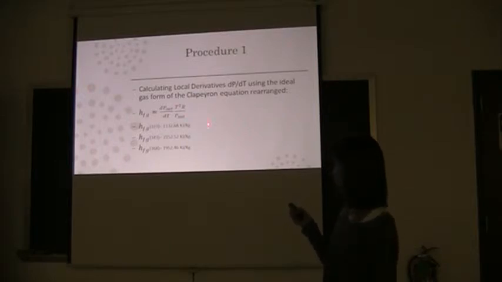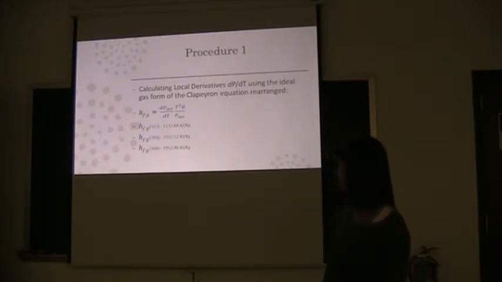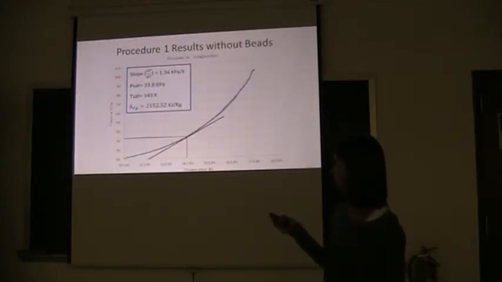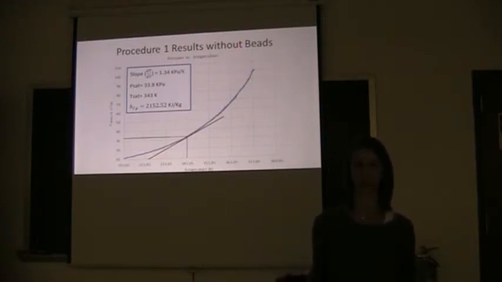The first procedure, like I mentioned earlier, was to calculate the local derivatives using the ideal gas form. I started out by plotting pressure versus temperature without the beads in the flask.